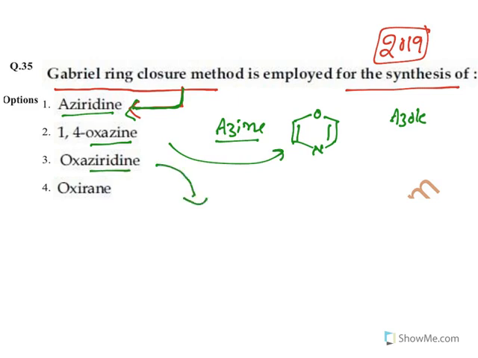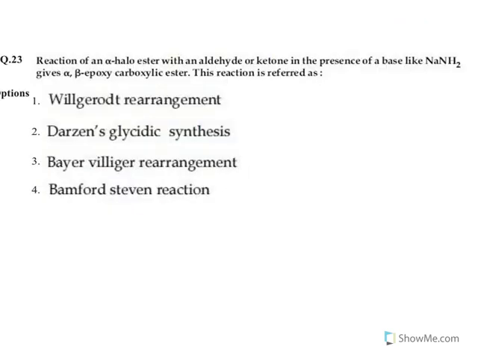Oxaziridine: aziridine we have already seen is a 3-membered ring. Oxaziridine means if oxygen is here like this, a 3-membered ring like this. So you need to understand heterocyclics, but the named reactions are always important. You just need to understand the starting material, final product and the reagents. Right? Now, moving to the next one.